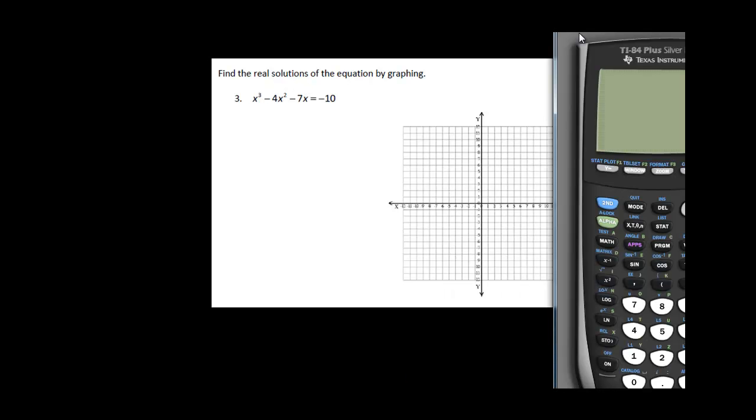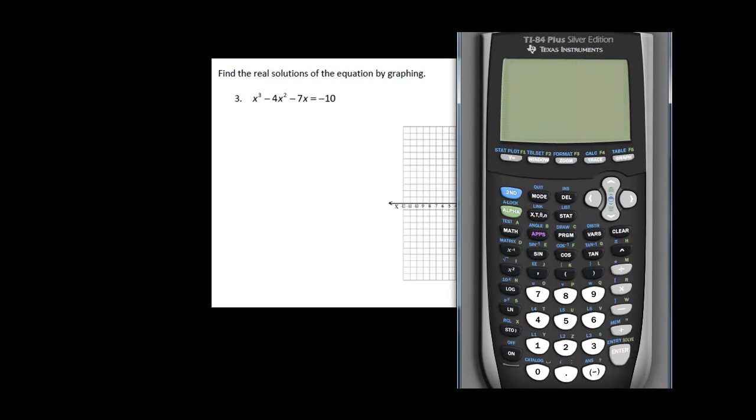Solve by graphing. So let's get the calculator out. So we're going to have x cubed minus 4x squared minus 7x, and then we're going to move this 10 over, so we have plus 10.